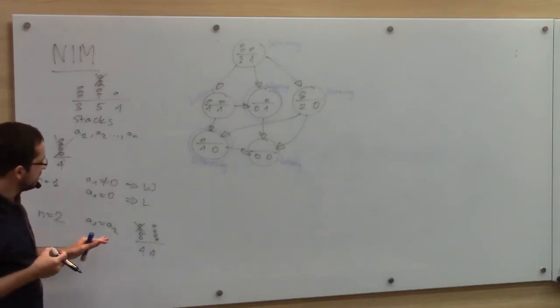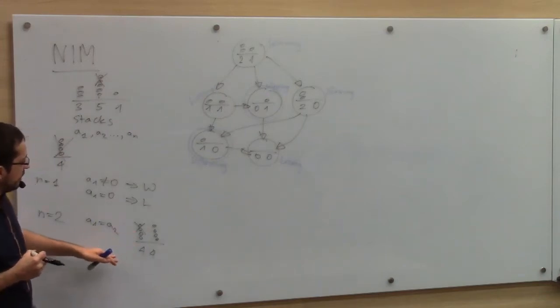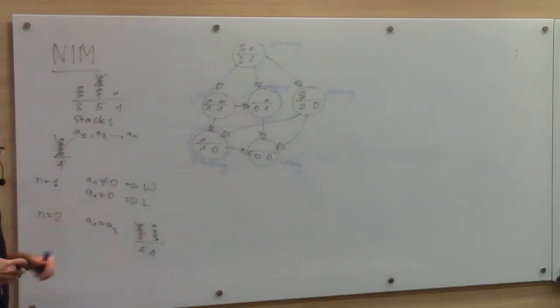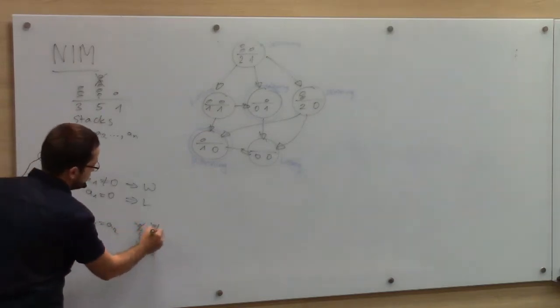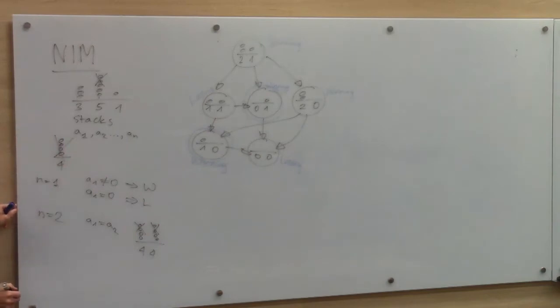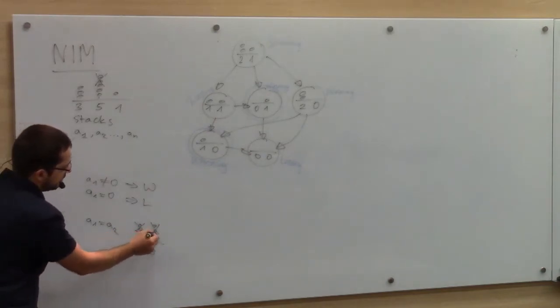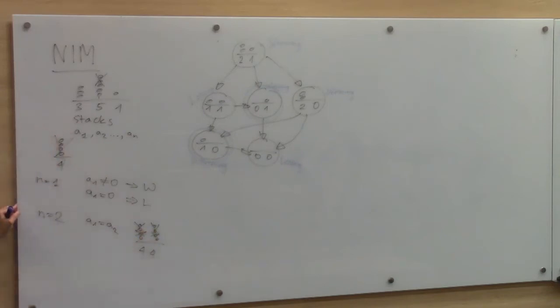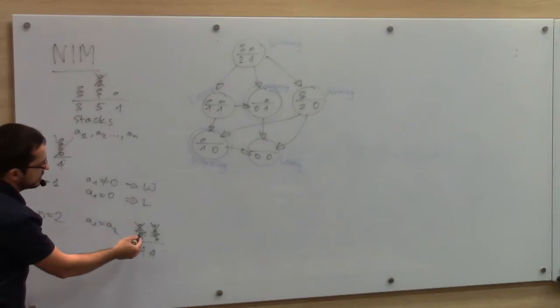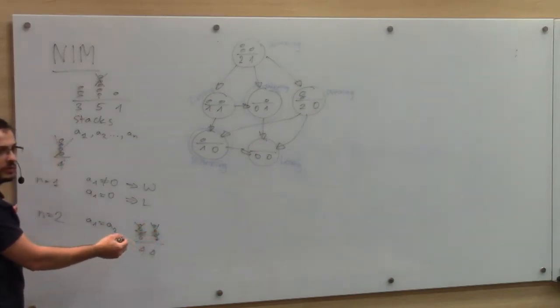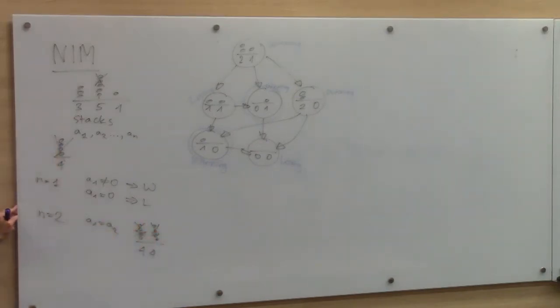He can repeat every move which the first player does on the first stack. So any move the first player does here, the second player can repeat. And of course, if the first player makes a move in the second stack, the second player will repeat it on the first stack.